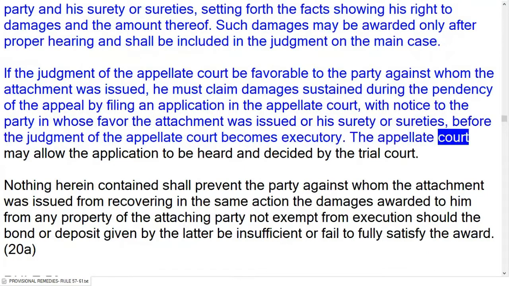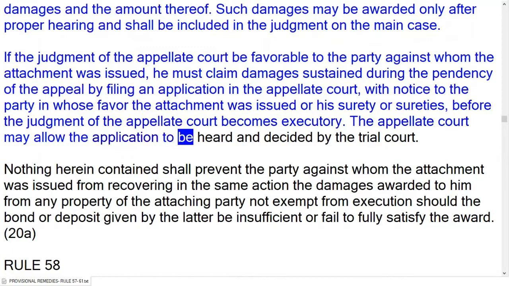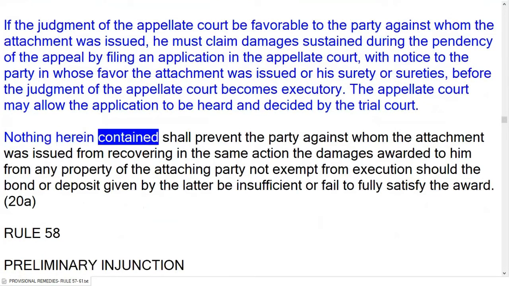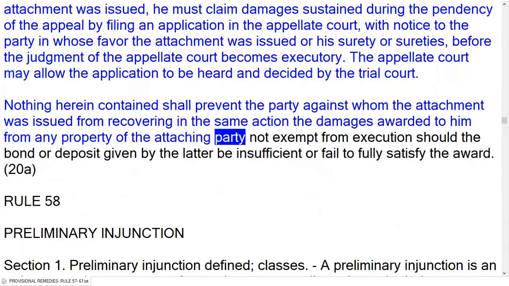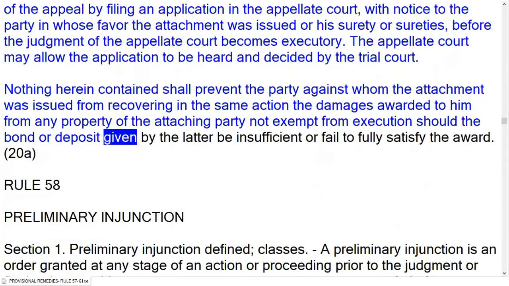The appellate court may allow the application to be heard and decided by the trial court. Nothing herein contained shall prevent the party against whom the attachment was issued from recovering in the same action the damages awarded to him from any property of the attaching party not exempt from execution should the bond or deposit given by the latter be insufficient or fail to fully satisfy the award.